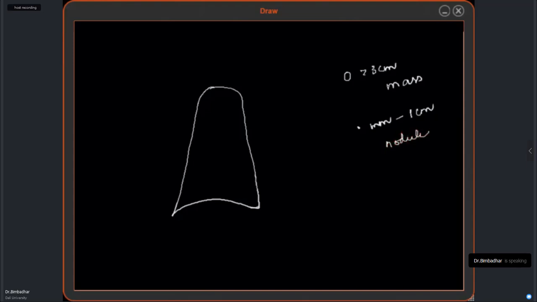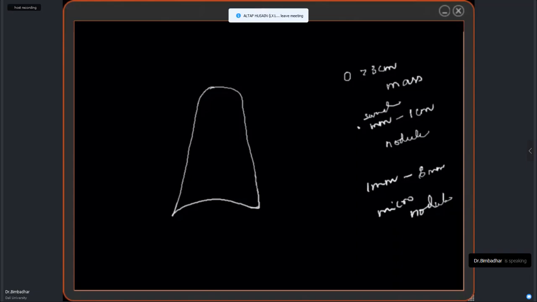And several mm. Now 1 to almost 6 mm in diameter, you call them micro nodules. Now you have to remember one thing here. You cannot see it.